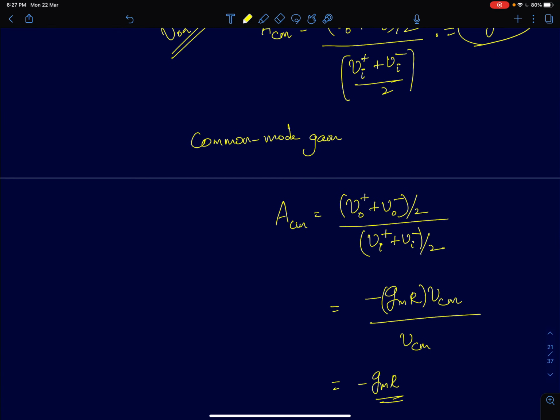When I was introducing the different terminologies, I said generally differential amplifiers are built using two identical single-ended amplifiers. So if they are built using two identical single-ended amplifiers, and I apply the same input at both the inputs, then the output should also change in the same way.